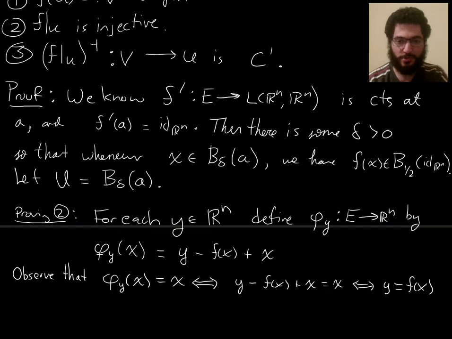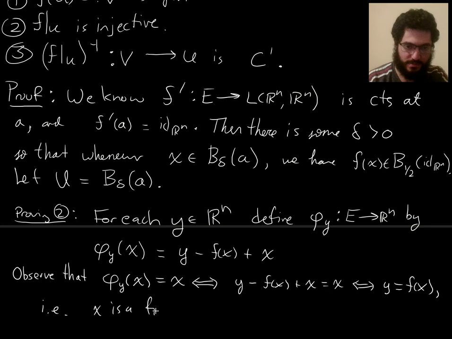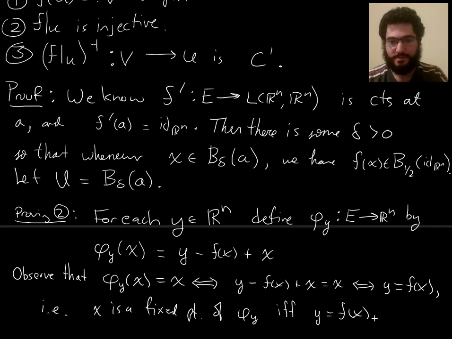So that's the purpose of this family of functions, phi sub y: fixed points for them correspond to x being a preimage for y. I.e., x is a fixed point of phi sub y if and only if x is one of the preimages of y.